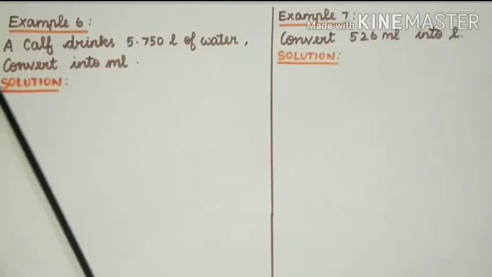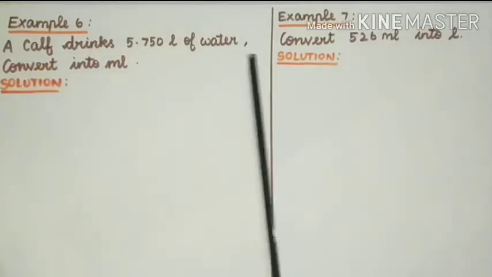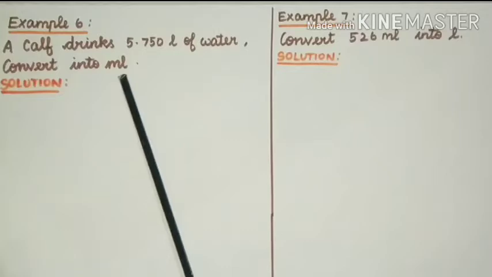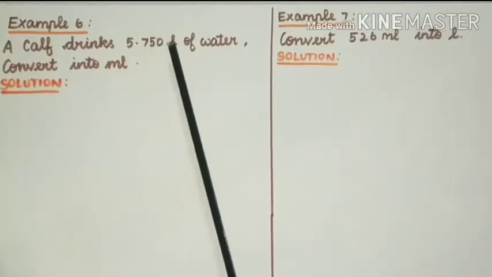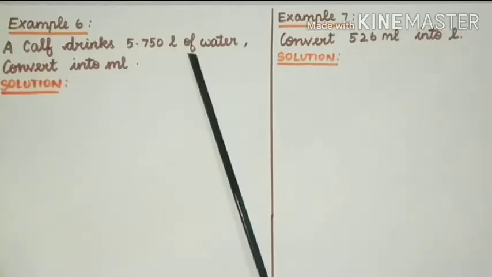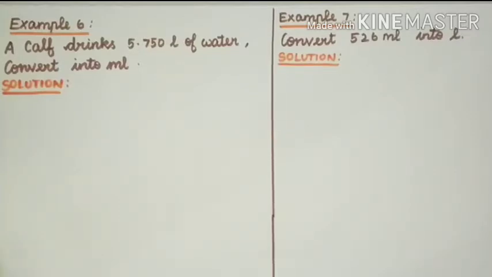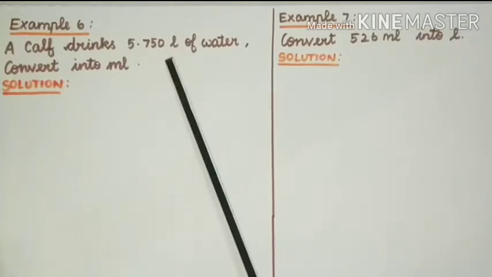Example 6. A calf drinks 5.750 liter of water, convert into milliliter. Students, in this we are going to convert higher unit to lower unit, that is liter into milliliter. As we already know, to convert higher unit to lower unit, we have to multiply the given measure according to the given measurement.